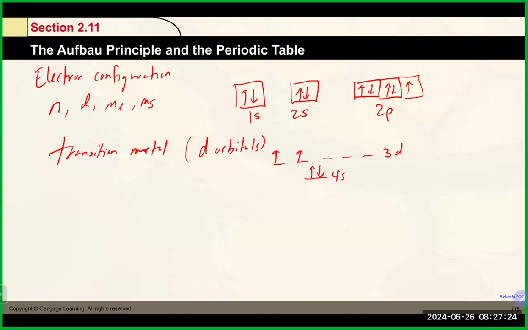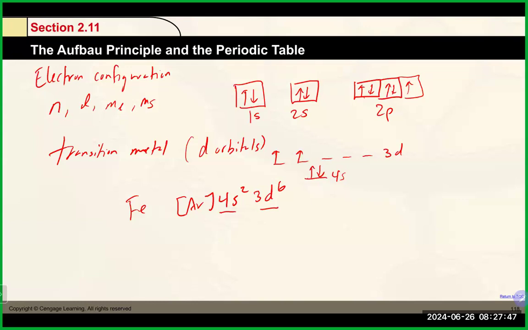And that is the correct electron configuration. So if we had something like iron that we looked at, argon, 4s2, 3d6. And that, again, is the correct order, not 3d6, 4s2.